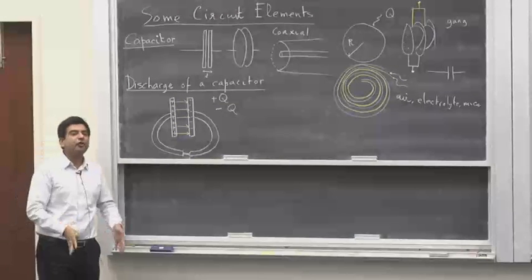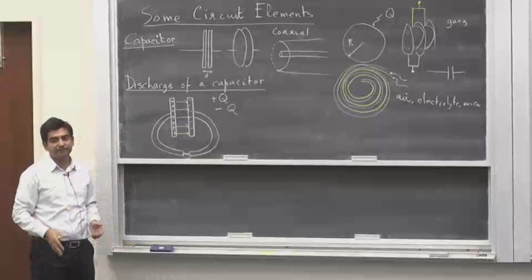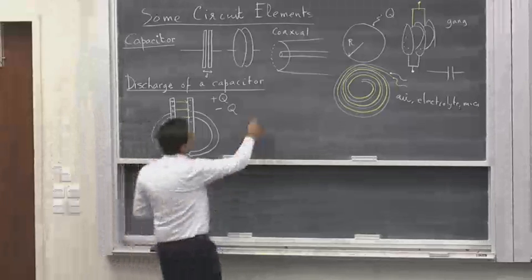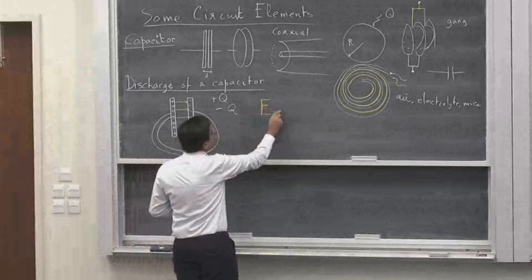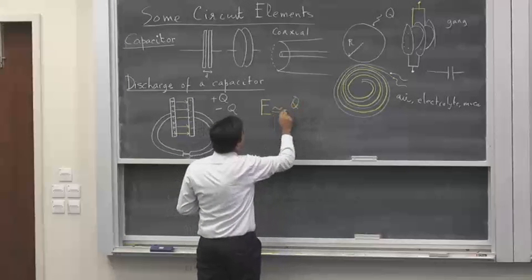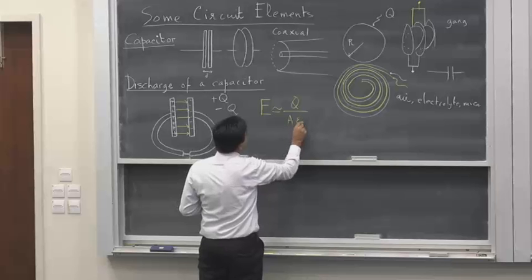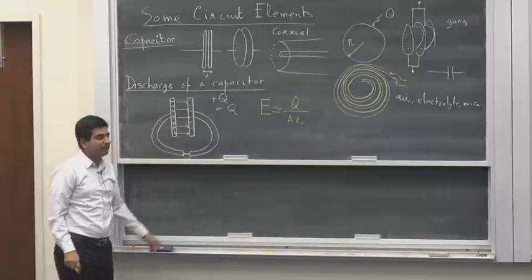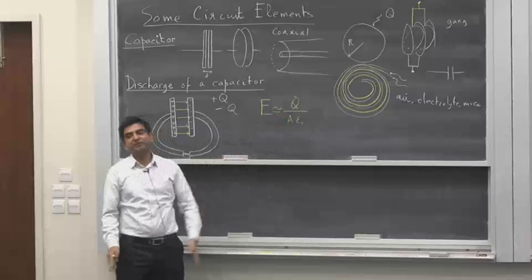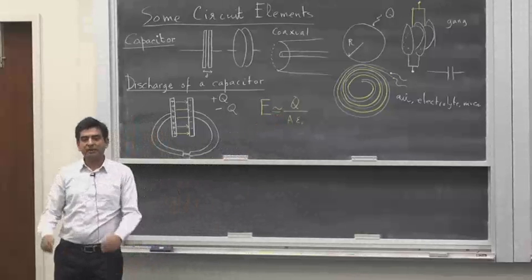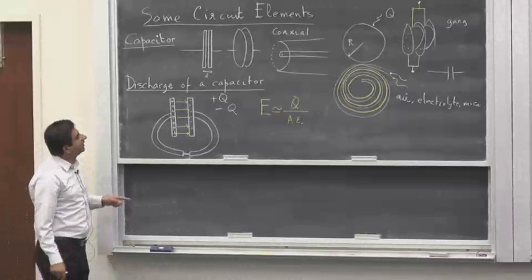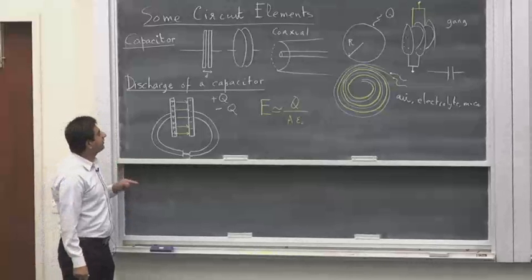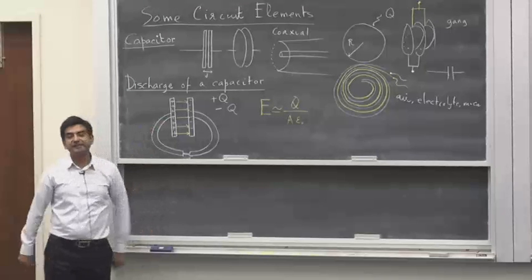The plates are not infinitely sized. This electric field is approximately given by Q over A over epsilon naught, where A is the cross-sectional area of one of these plates. And why do I write approximation here? Because this is not an infinite parallel plate capacitor. Now since this is not an infinite capacitor, would there be any electric field set up inside the wire?